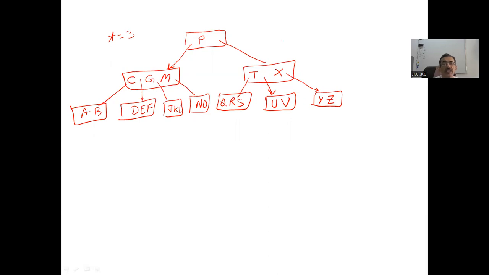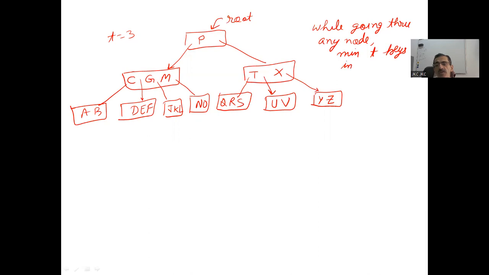Now, starting, this is my root. So the first thing is, while going through any node, we will ensure that it has minimum keys. How many minimum? It must have a minimum of t keys in that node.